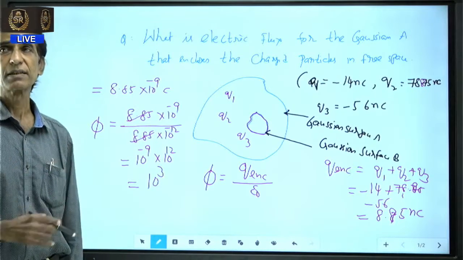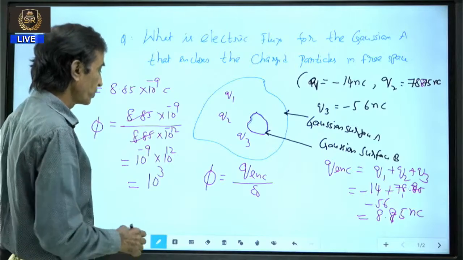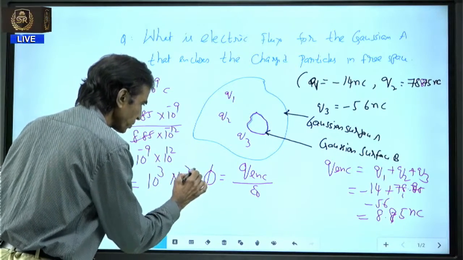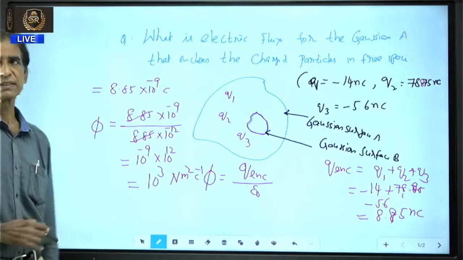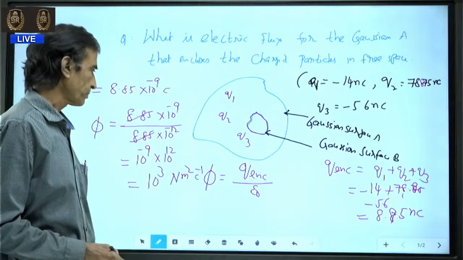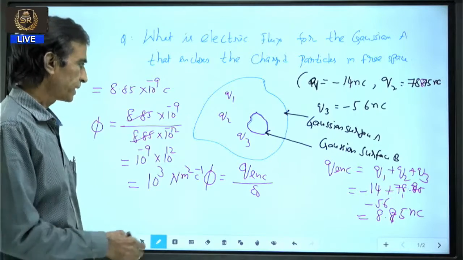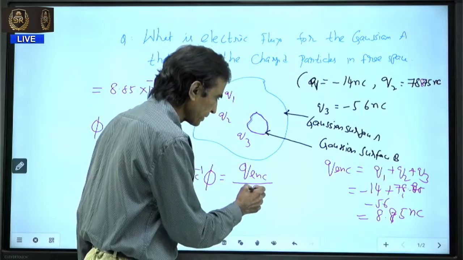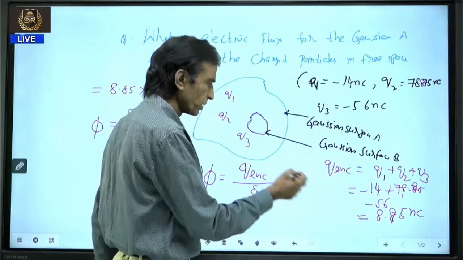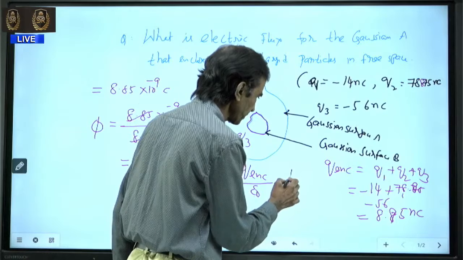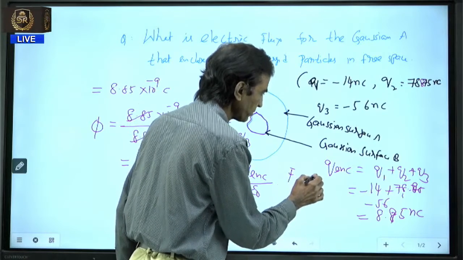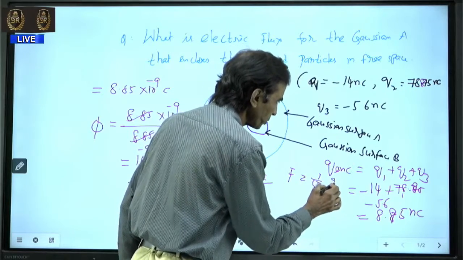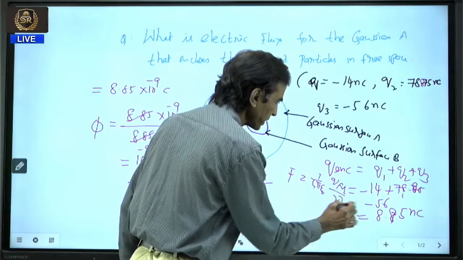But what is the unit? Unit is very important. The unit is Newton meter square per coulomb. What is the charge? Coulomb. What is epsilon naught? If you don't remember, you can take it from Coulomb law: 1 by 4 pi epsilon naught into Q1 Q2 by R square.